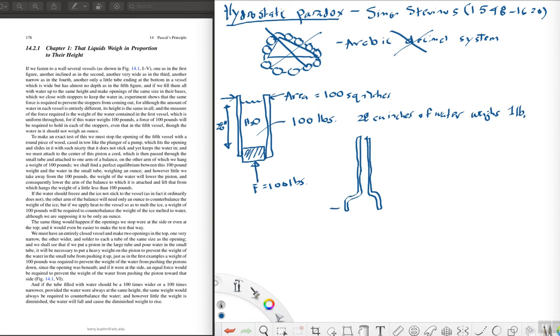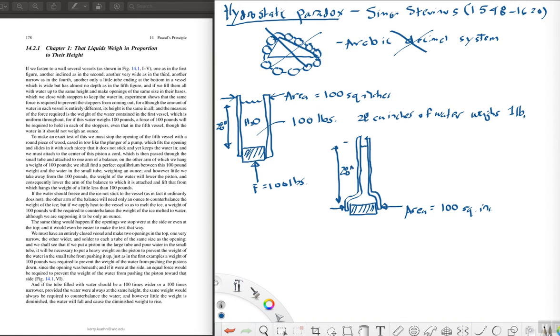And the bottom of it has a diameter so that the area here is also 100 square inches. And we put a plug of the exact same size as this other plug into the bottom. And we filled this very narrow tube up to a depth of, again, 28 inches.